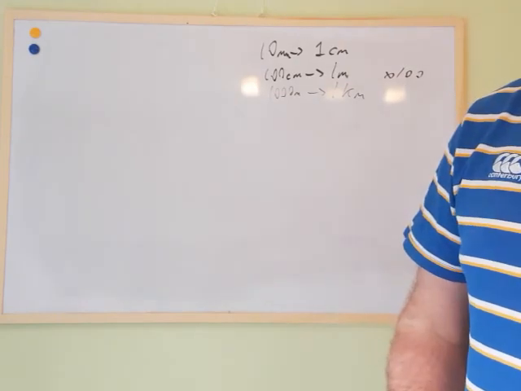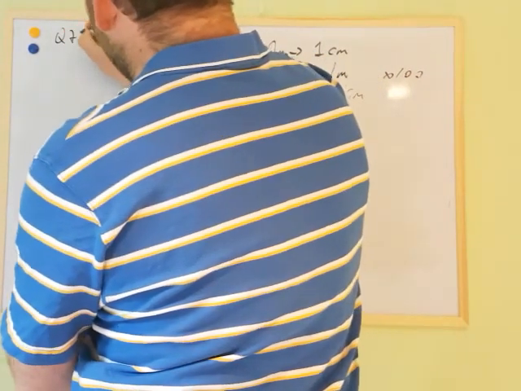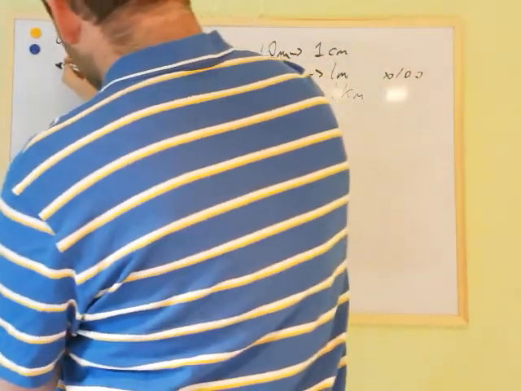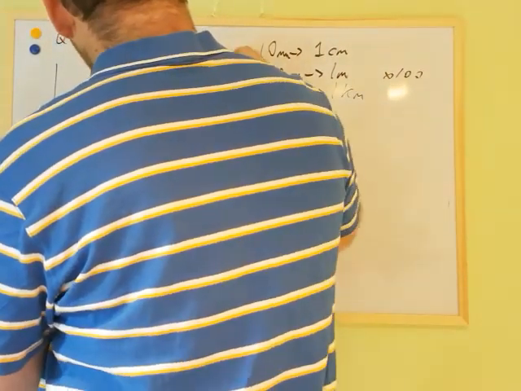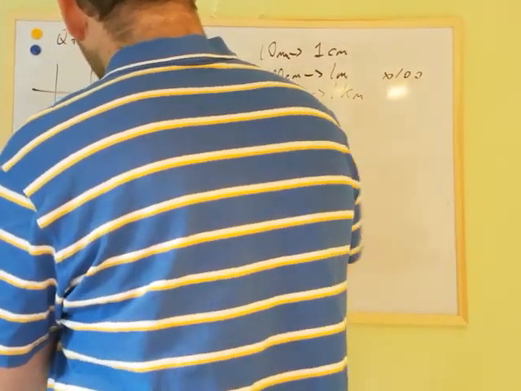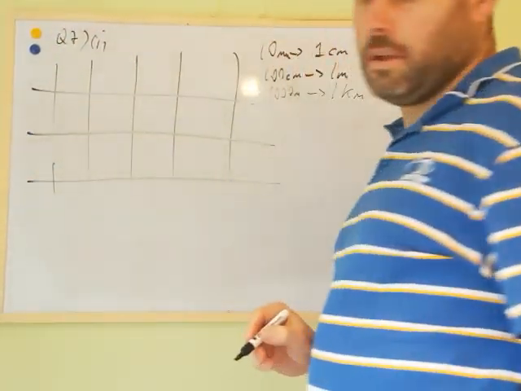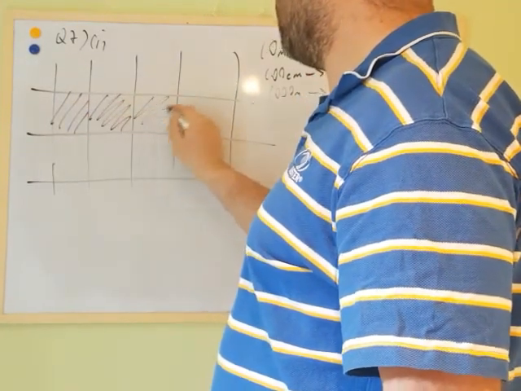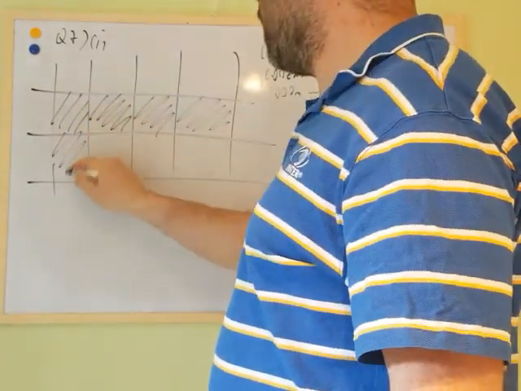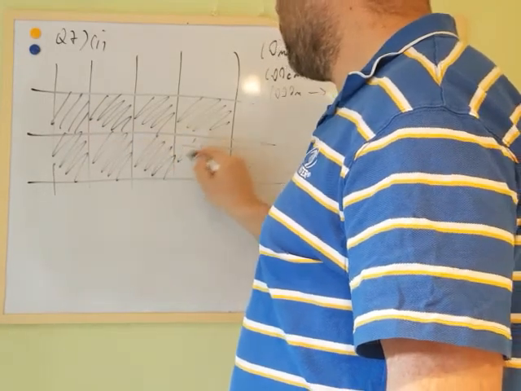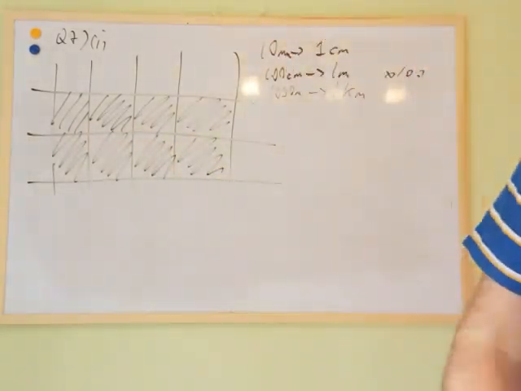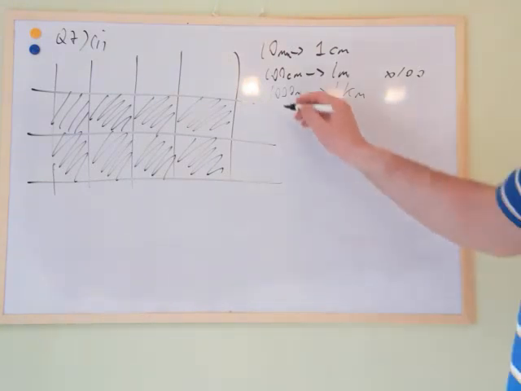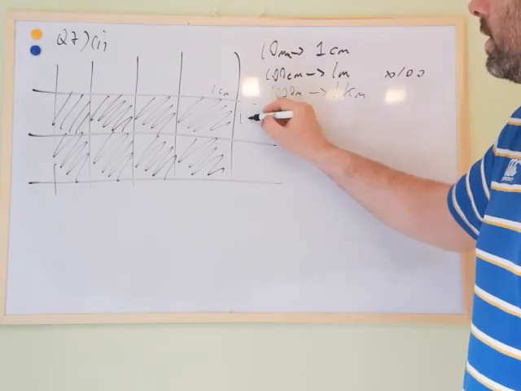So question 7. I'm going to try and draw this on my board here as best I can. Alright, so we're told to find the perimeter of these rectangles which have been drawn on squared paper, and each square is 1 centimeter in size.